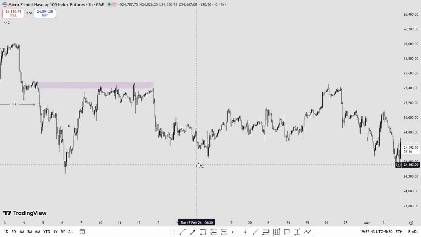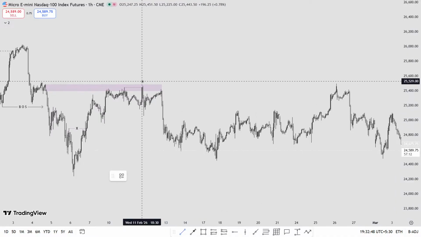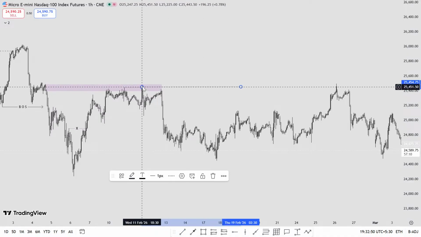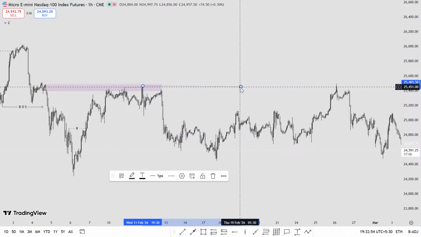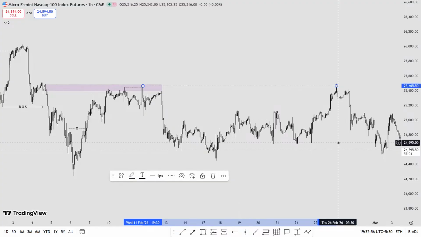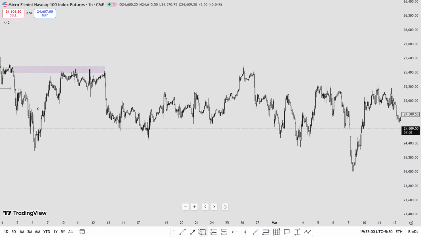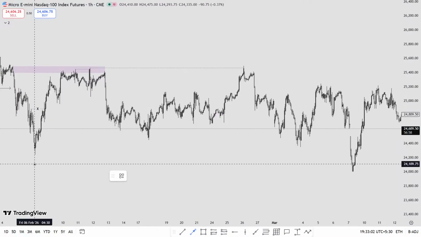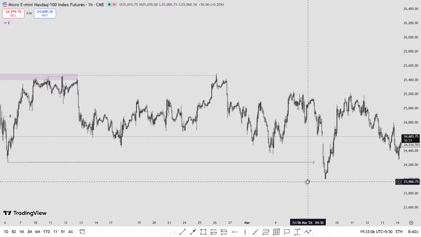So as a structure basis, we are bearish in 1 hour also. So right now it might be feeling kind of boring and all, but because we are doing top-down analysis, I'll make you understand what I'm doing.